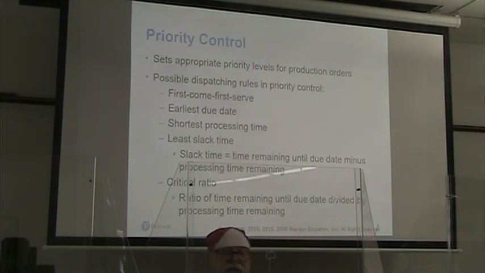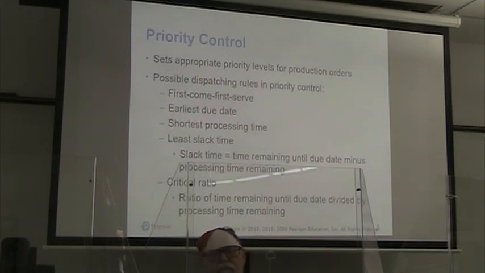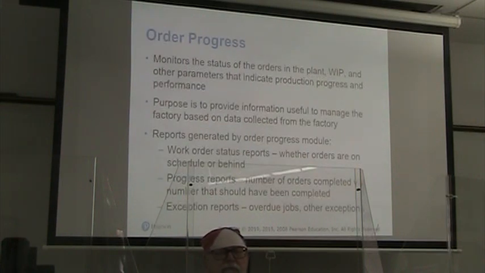And critical ratio, the ratio of time remaining until the due date divided by the processing time remaining. All right, so obviously the smaller the critical ratio, the more we want that job to go to the front.